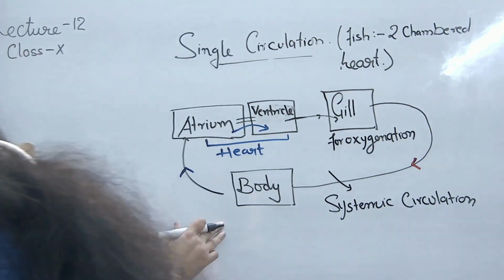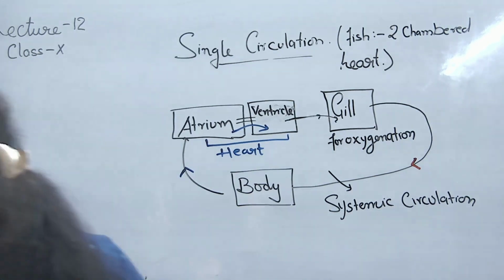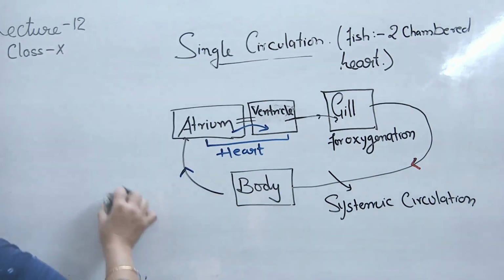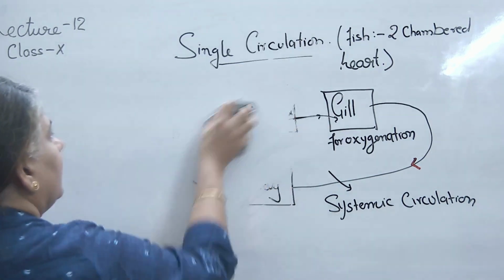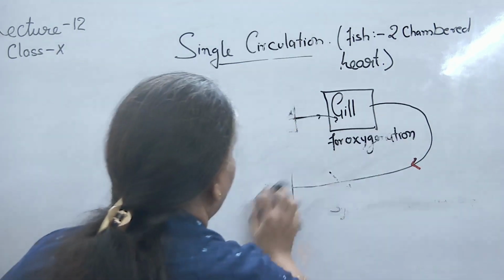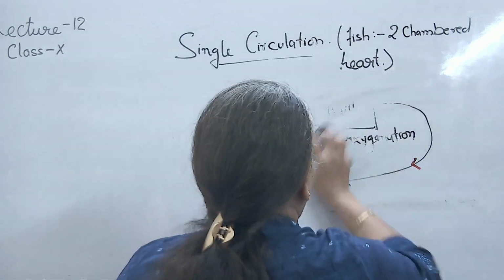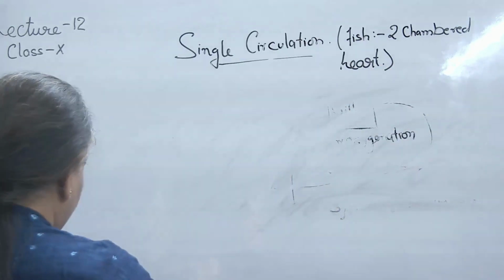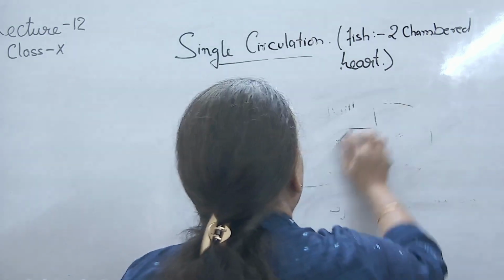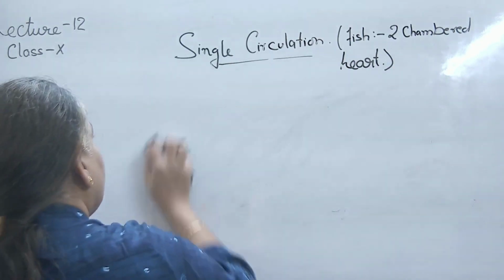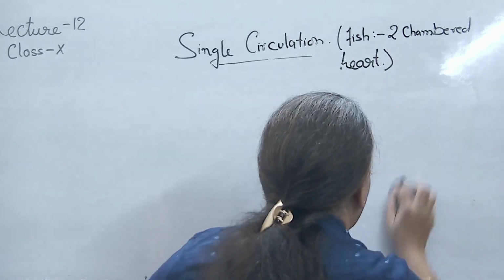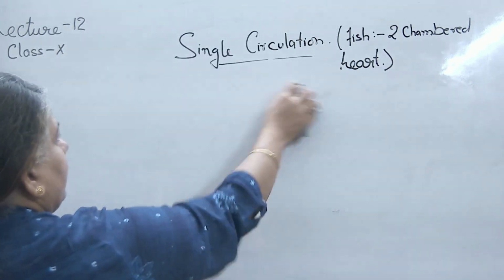So you may draw this figure. And how you will describe it? Let's see. The difference between double circulation and single circulation is also asked in your board paper.